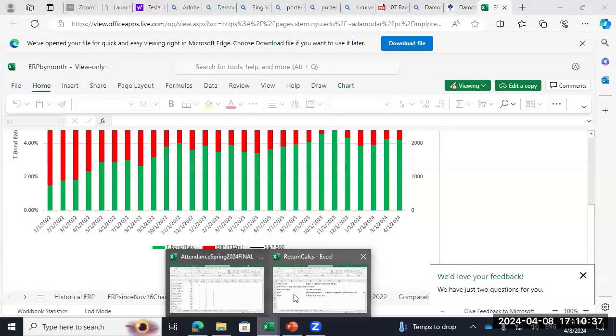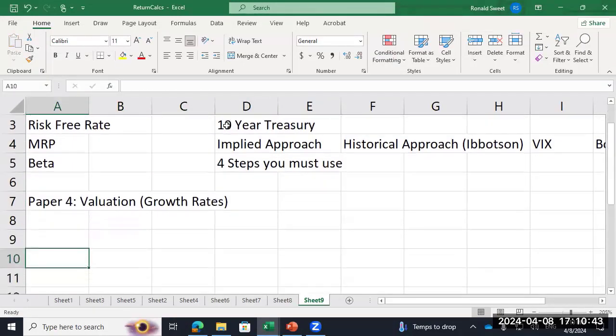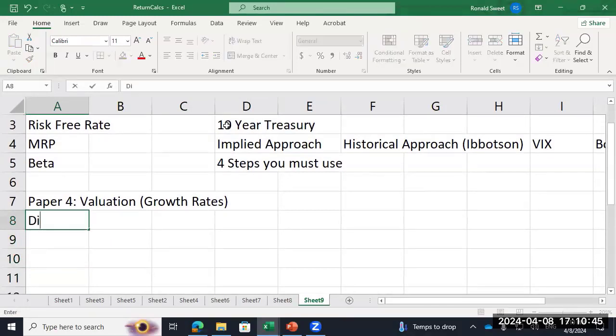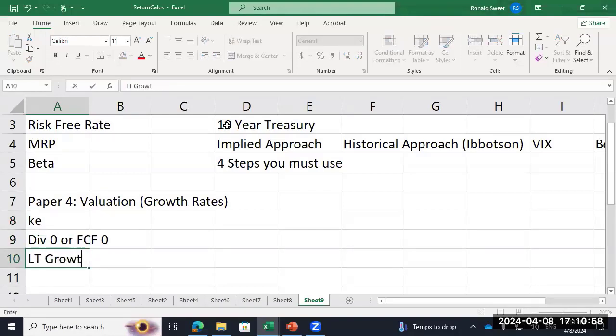So for paper 4, what do you need? Well, you need some obvious things. You need dividend 0 or free cash flow 0. You need your KE from paper 3. You need a long-term growth or terminal growth.